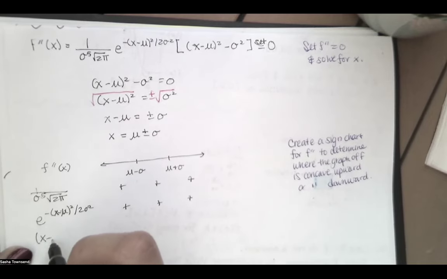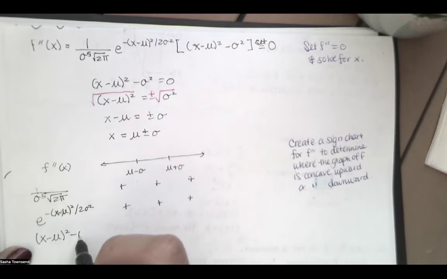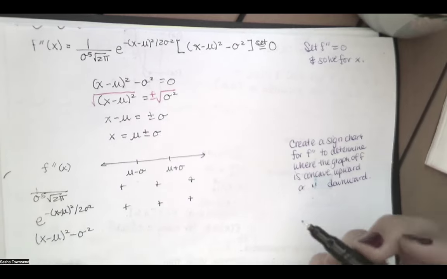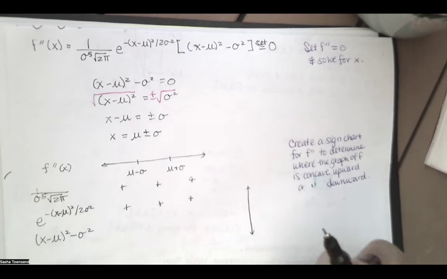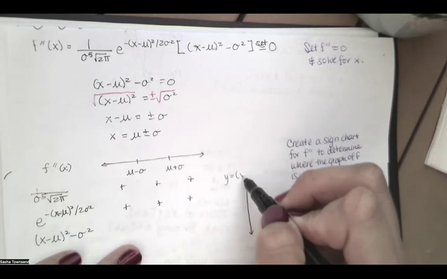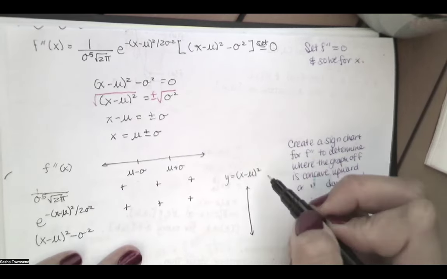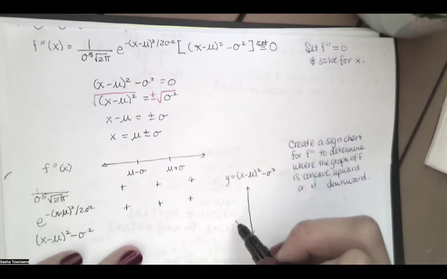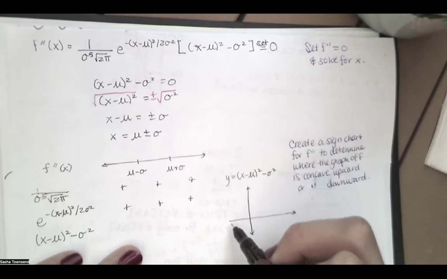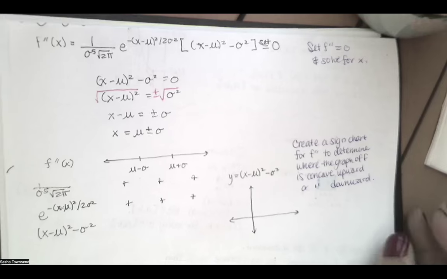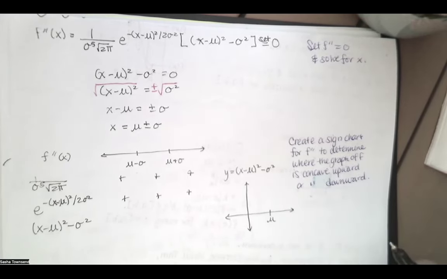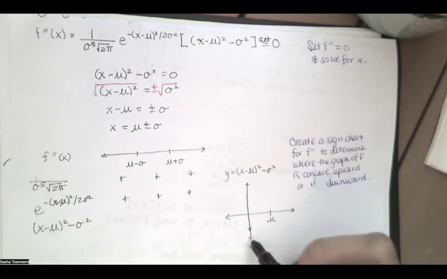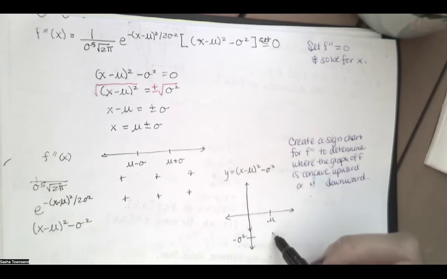We've got x minus mu squared minus the standard deviation squared. Now, if I want to, I can think of this as a parabola. I can think of this as y equals x minus mu squared minus sigma squared. So that means it's going to look like y equals x squared, and we're just shifting mu units to the right and then sigma squared units downward.